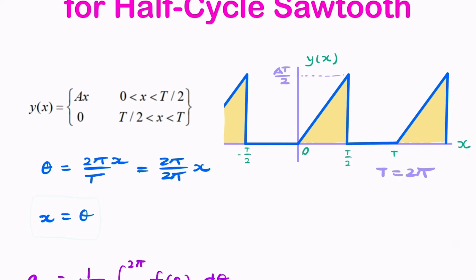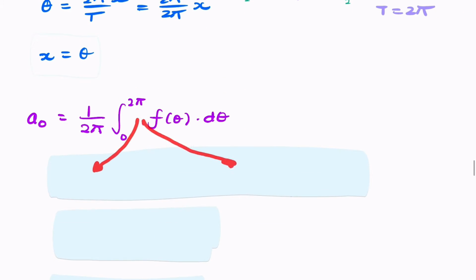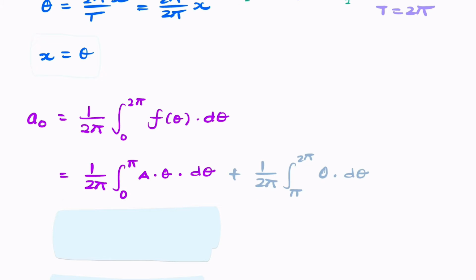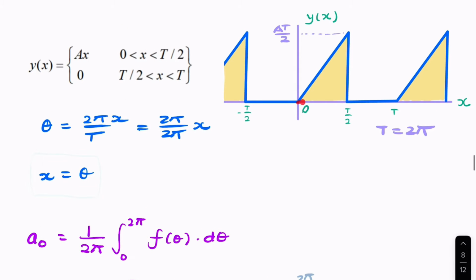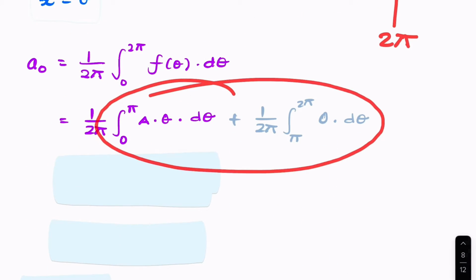And f of theta, because it's defined over 2 regions, we've got a different expression for the linear part and then the 0. What we can do is split this integral into 2. So we've got the integral from 0 to pi, and then the integral from pi to 2 pi. So you've got the integral from 0 to T over 2, which in this case is pi, and then from T over 2 to T, in this case 2 pi. So I have 2 integrals.